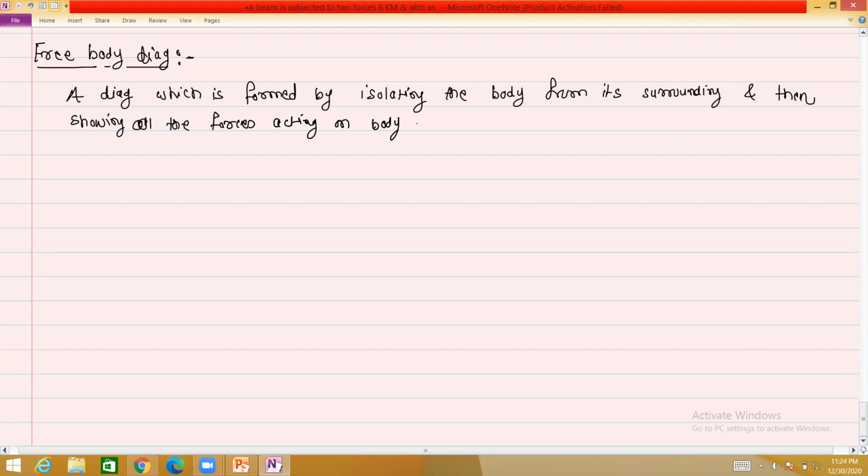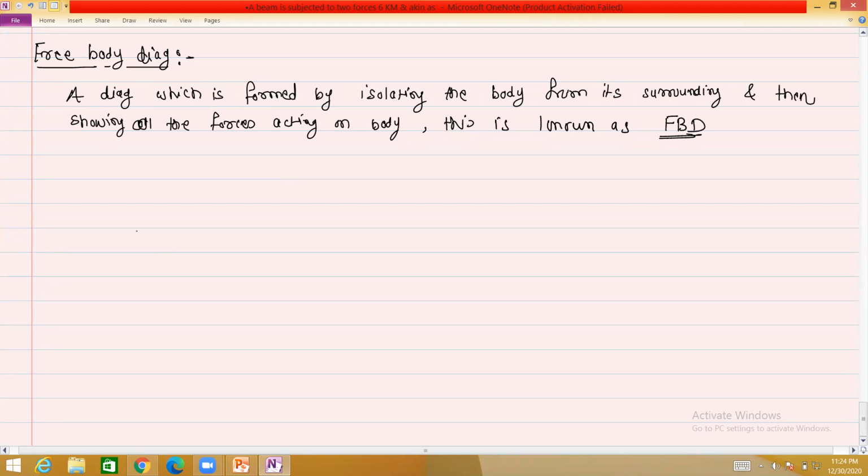So it is called a free body diagram. In short, it is written as FBD.